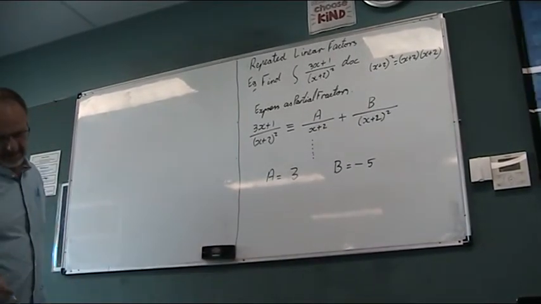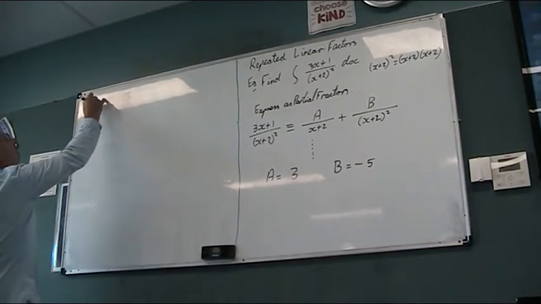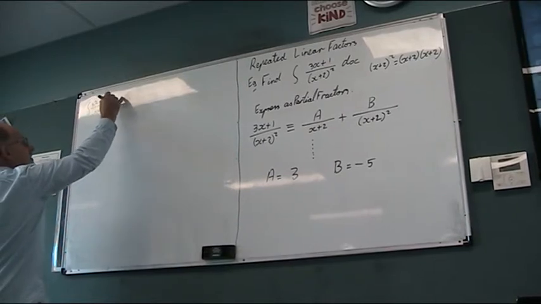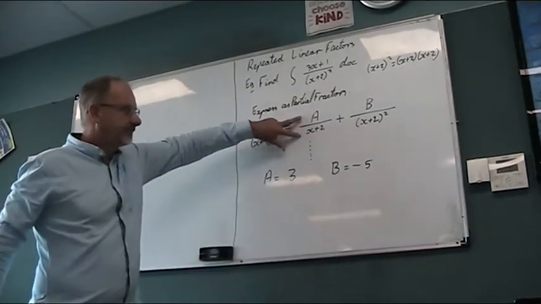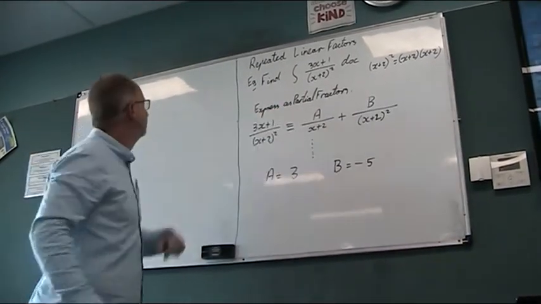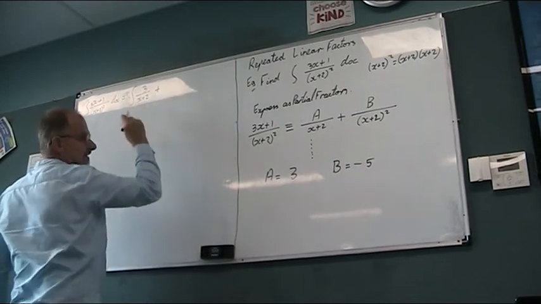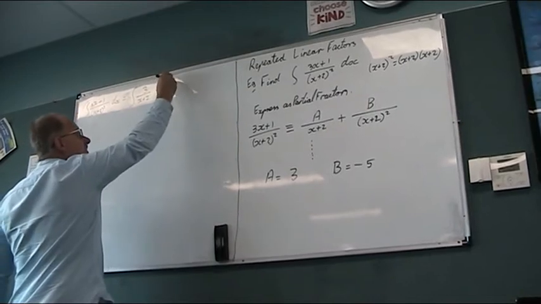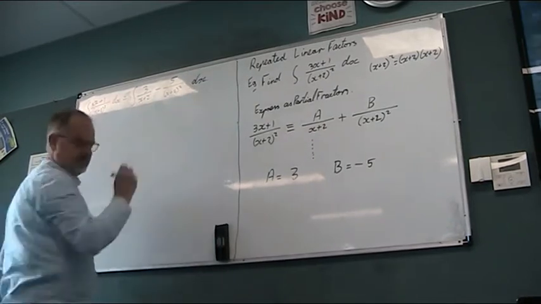All right, so if that's the case, then the antiderivative of 3x plus 1 over x plus 2 squared is the same as the antiderivative of 3 over x plus 2, minus 5 over x plus 2 squared, dx.